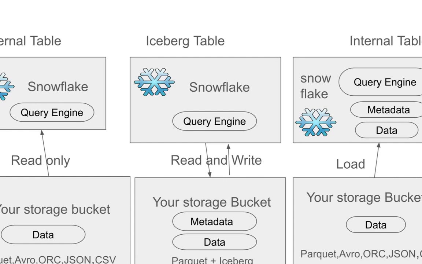When it is a managed table within Snowflake, Snowflake maintains the catalog, and it can do DML operations on those tables. And any other features in the case of internal tables are applicable for managed tables in Snowflake as well. And there is unmanaged, so the unmanaged tables are read only for Snowflake, and we will be discussing in the coming slides how we can establish the connectivity to Iceberg tables, and how we can read and write.